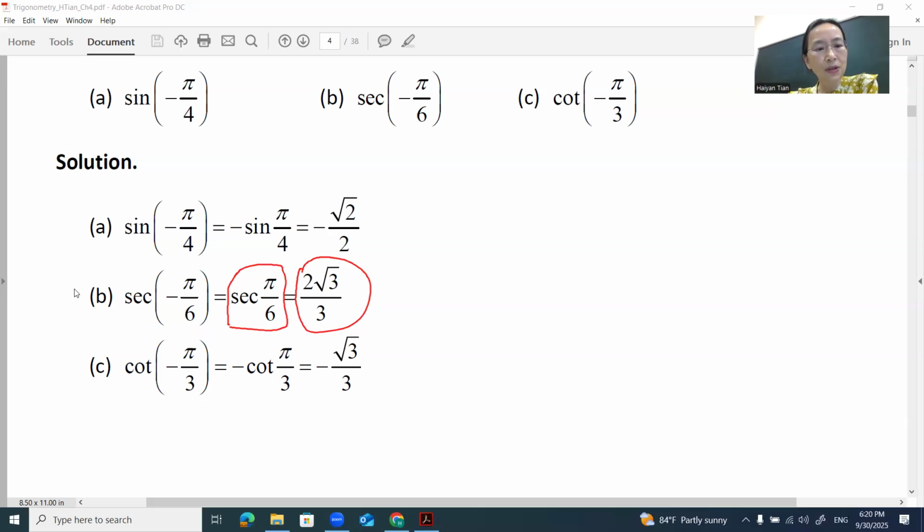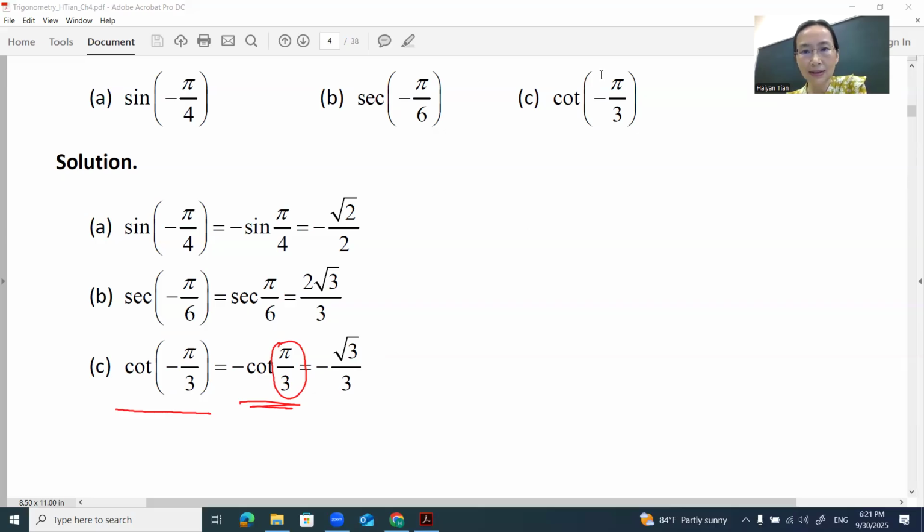So using the even-odd property can immediately reduce the expression to simpler looking expressions. And here's another one: cotangent negative pi over 3, because the cotangent function is odd, is negative cotangent pi over 3. Pi over 3, remember, is a 60-degree angle, right? So cotangent 60 is this number, with that negative sign here. And that's the final answer.